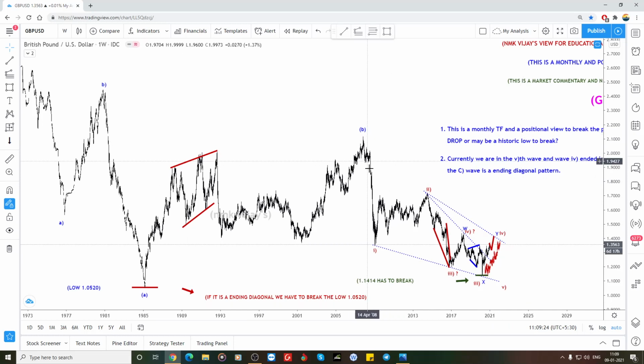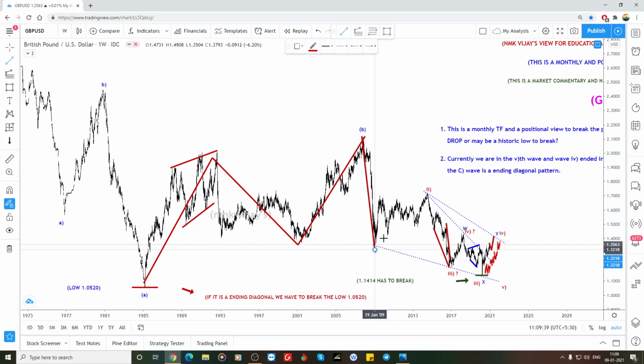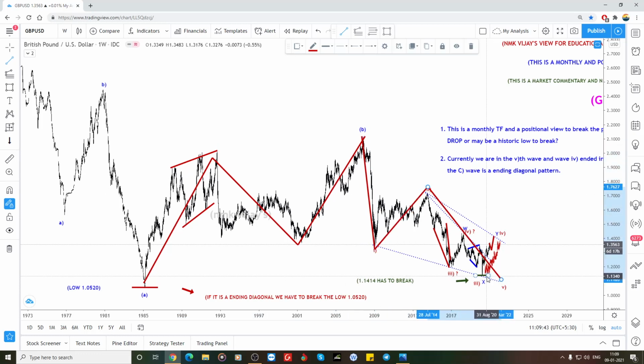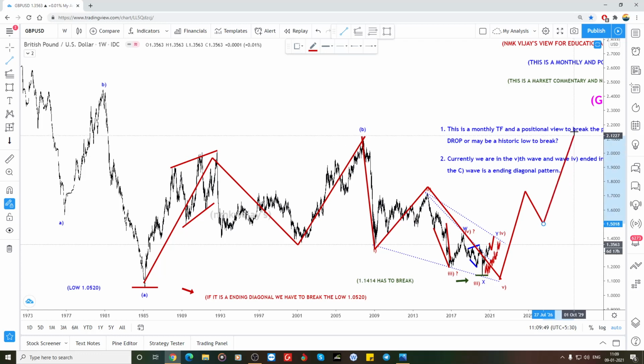In that case, if it is a 1, 2, 3, 4, 5, it has to break this. But if the B wave is so complicated, I will explain. This is A, this is the B, and this is the C, and here it's a five-wave corrective structure. If it closed here below this, not if it breaks this, it can go again one more three-wave structure to the high, and then again it may drop also.